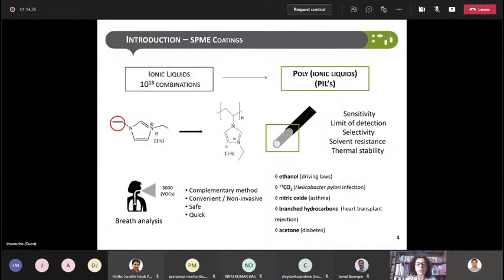And in polymeric ionic liquids, the idea was to coat the tips of the plungers. So we bought some commercial plungers. We scraped the tips of it, and then we just put there or absorbed there our polymeric ionic liquid. And we wanted to see the sensitivity and the limit of detection and the selectivity of our fibers.